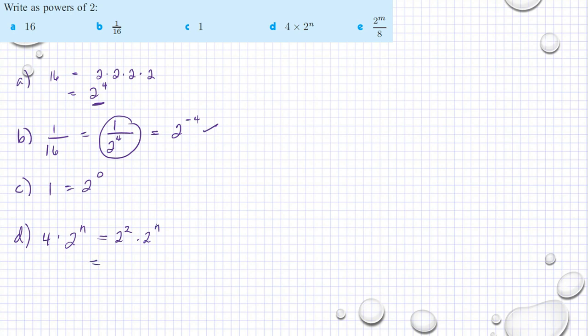The first law says that we have to add the exponents. So we have 2 raised to 2 plus n. Then we have E: 2 raised to m divided by 8. 8 is 2 raised to 3. Then we have 2 raised to m minus 3.